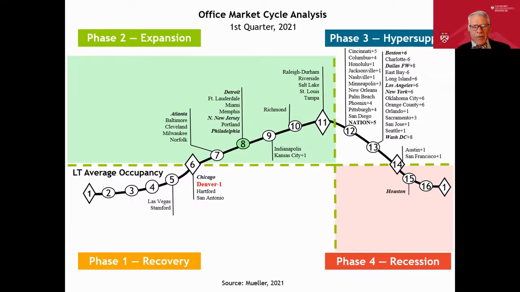And I have put in red here Denver, which you see at 0.6, mainly because I just want to follow it through the different property types, because demand and supply is different for each property type. So Denver was moving into the growth phase at 0.7. We are in the process of finishing a number of new office buildings in Denver right now that are driving the occupancy rate backwards.